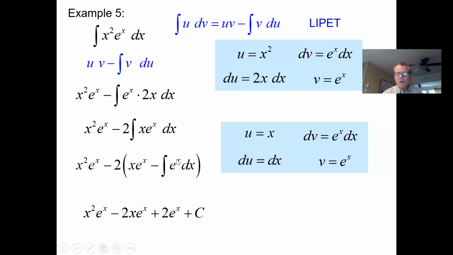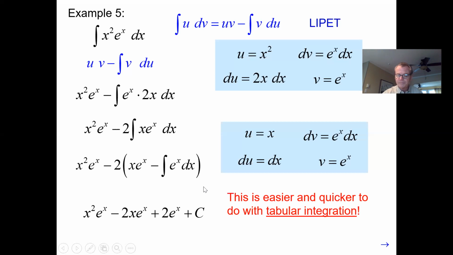So what happens? Well, this thing's going to integrate to itself. And you're going to have the first term that you got from the first parts, subtract 2 times this term. And when you distribute this -2 over this, negative times negative is a positive, positive 2 e to the x plus the constant.